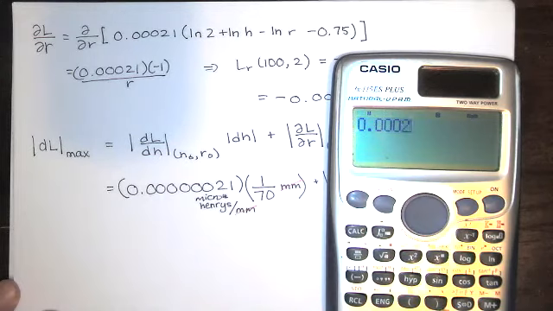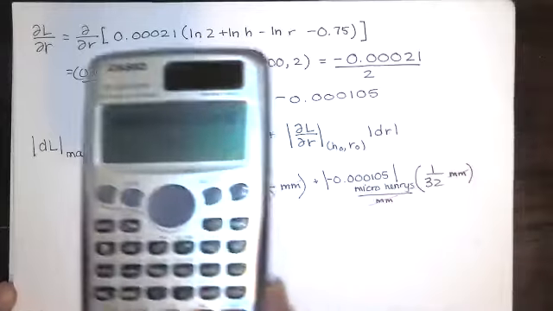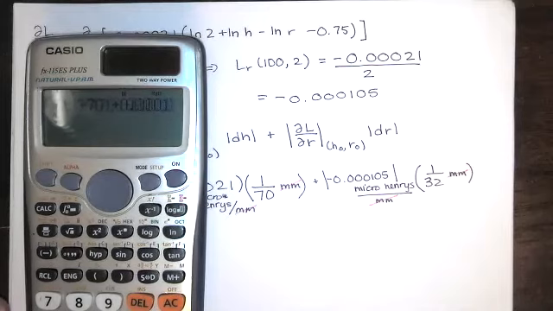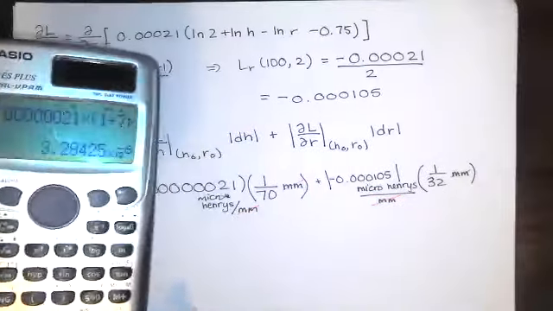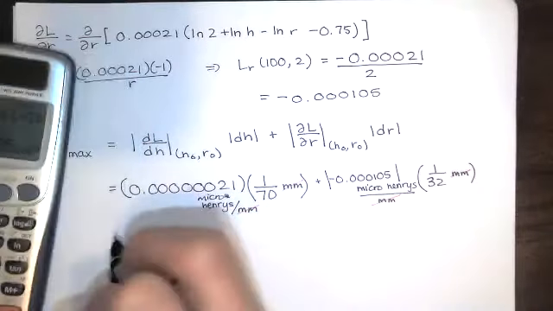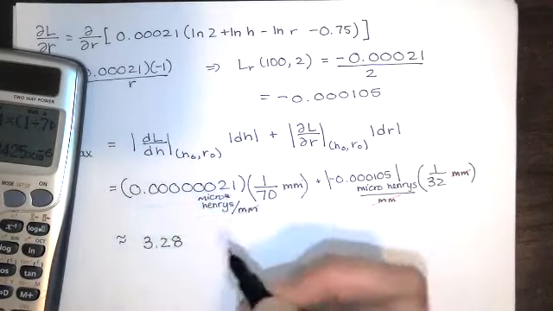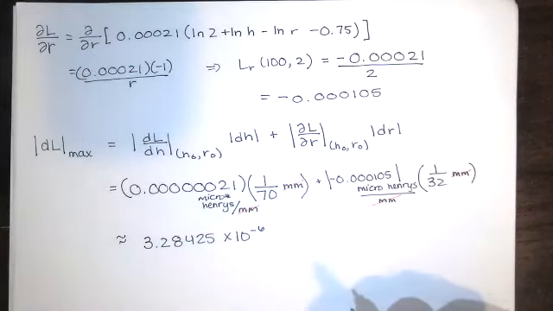And then we want to round to 6 decimal places. And I get that. That is 3.28425 times 10 to the negative 6.